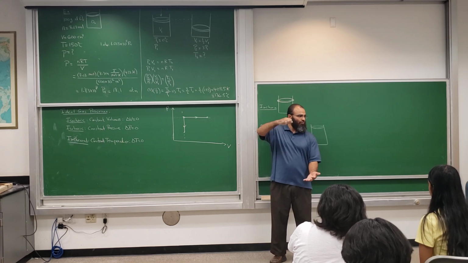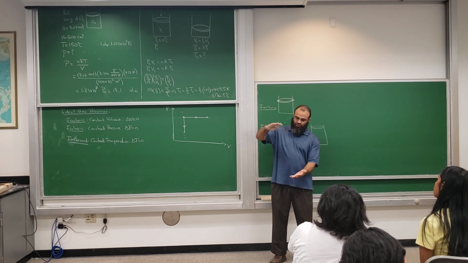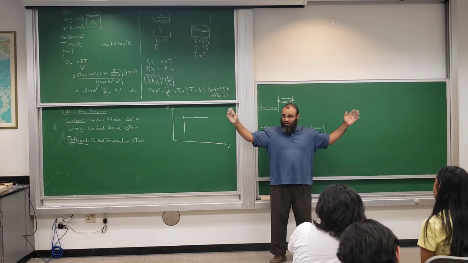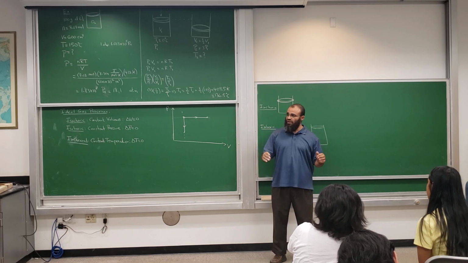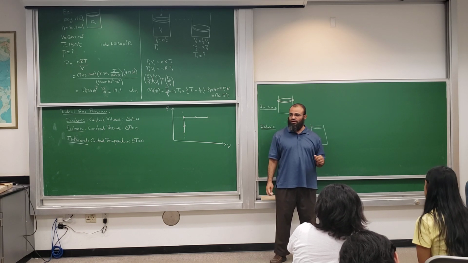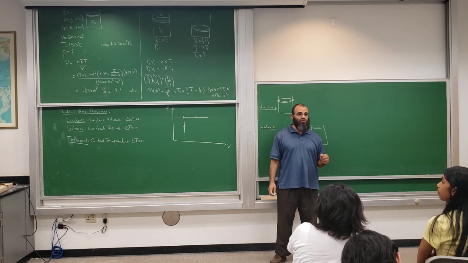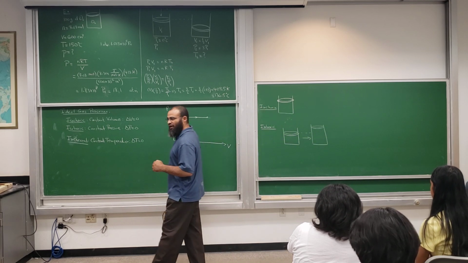But I have to do it slowly, because if I compress it really quickly, the temperature will rise. But if I keep it in contact with this bigger room, which has more or less constant temperature, the temperature will remain constant. That's how it would achieve constant temperature, isothermal.